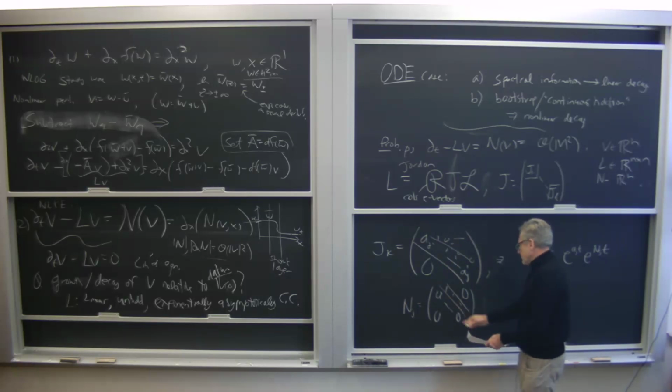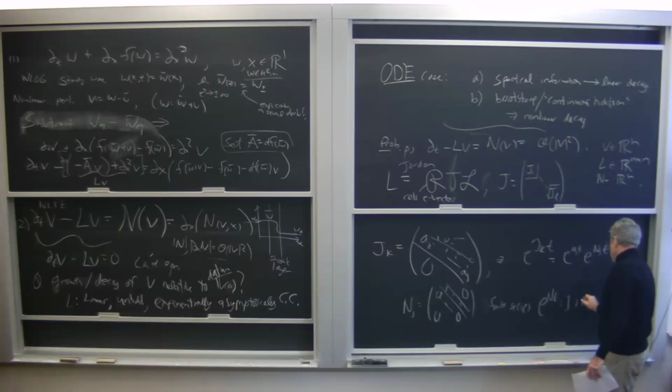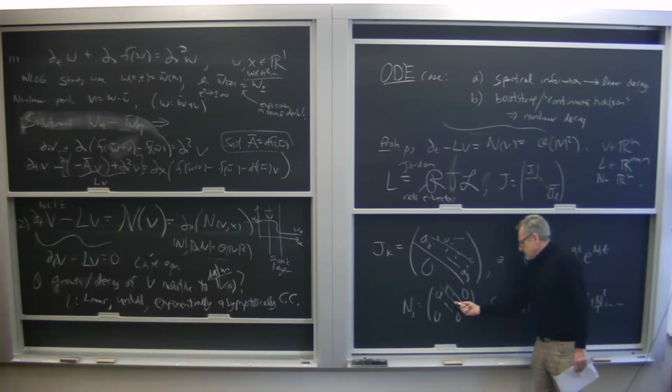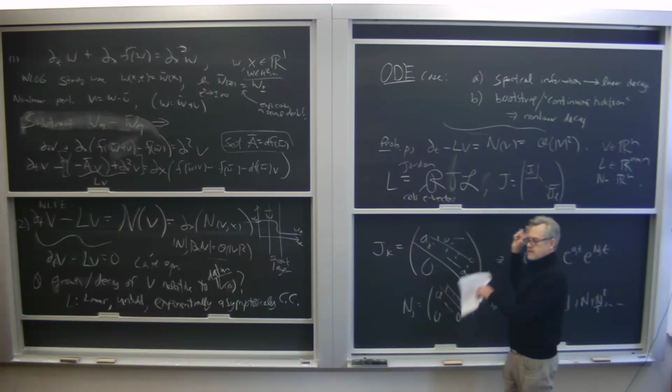Okay, and that's familiar. This can be computed by a finite series. e to the Nt is the identity plus Nt plus N squared t squared over 2 plus the series for e, but it truncates because every time you multiply N by itself, it moves the super diagonal of ones up by 1 until it disappears.